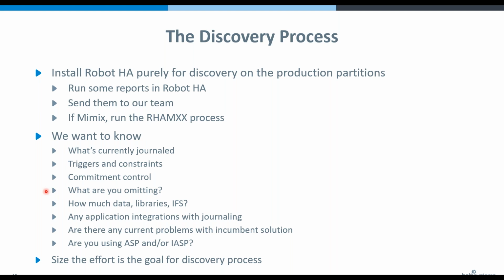So a lot of times you'll have an application on a system that needs to have data areas omitted from replication because it has license key information, things like that in there. Or maybe there's work files that need to be omitted, things like that. We'd like to talk about the volume, talk about IFS to see how much IFS needs to be replicated.